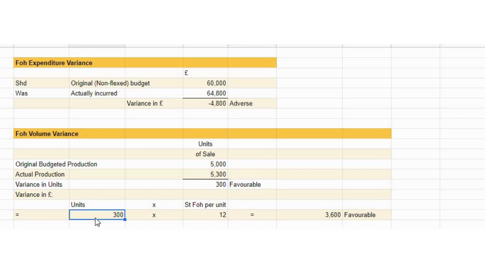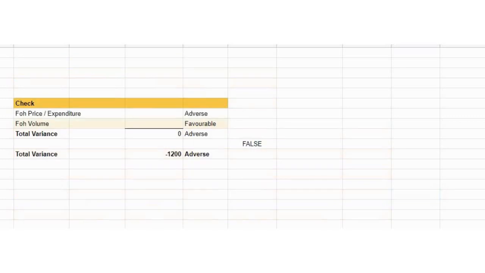Here we have 300 extra units, and the standard fixed overheads per unit are £12, and that gives a total favourable volume variance for fixed overheads of £3,600. It's always good to make a check.